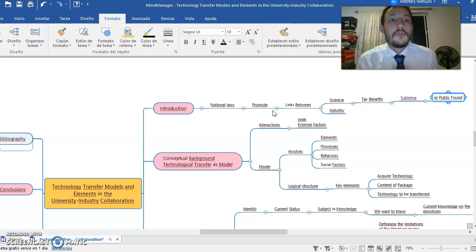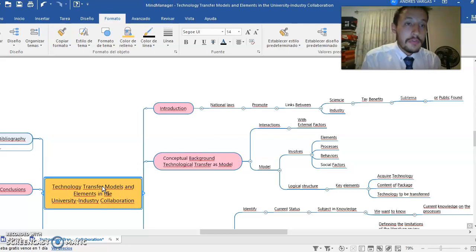So if you're an industry, you can take advantage of that if you're collaborating with a university and also develop different procedures. And those procedures mean technology transfers.